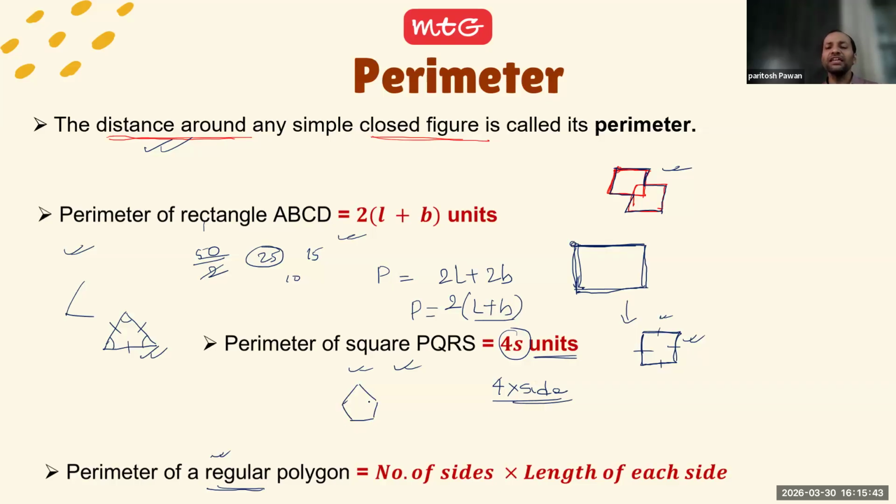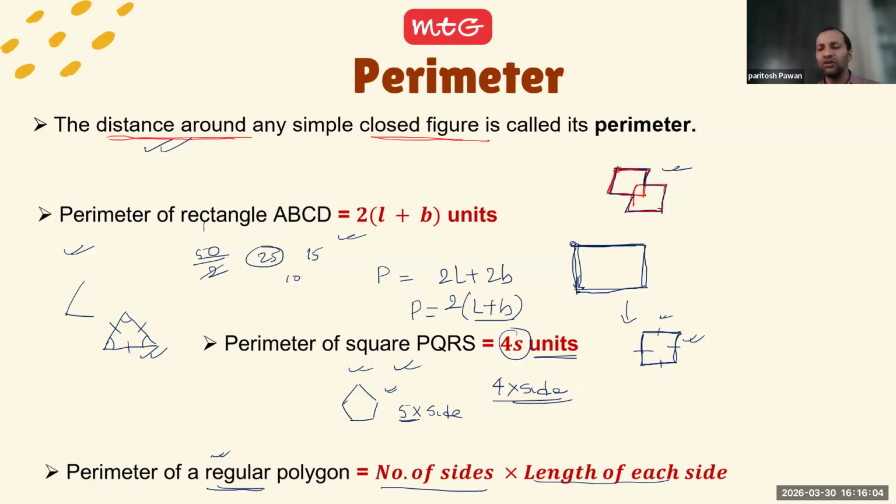So what will be the perimeter of this regular pentagon? 5 equal sides, so it will be 5 into length of side. Here 5 is the number of sides, and then the length of each side. That is the formula for the perimeter of a regular polygon.